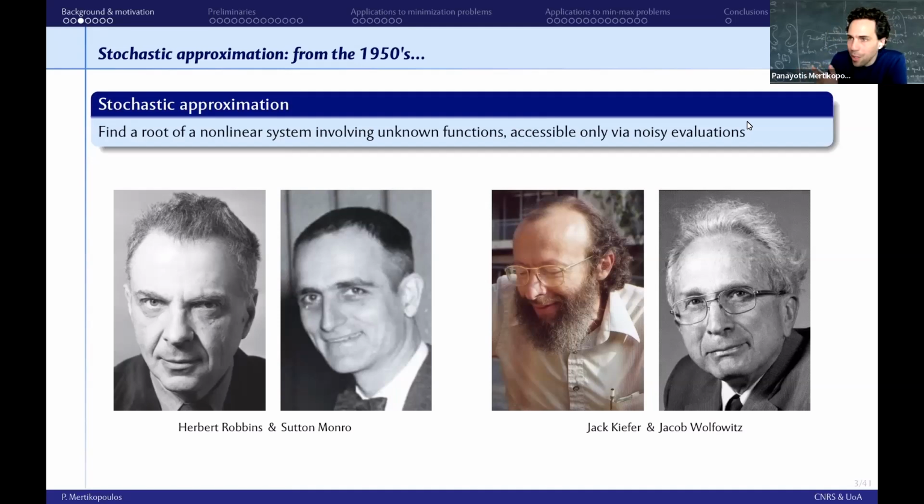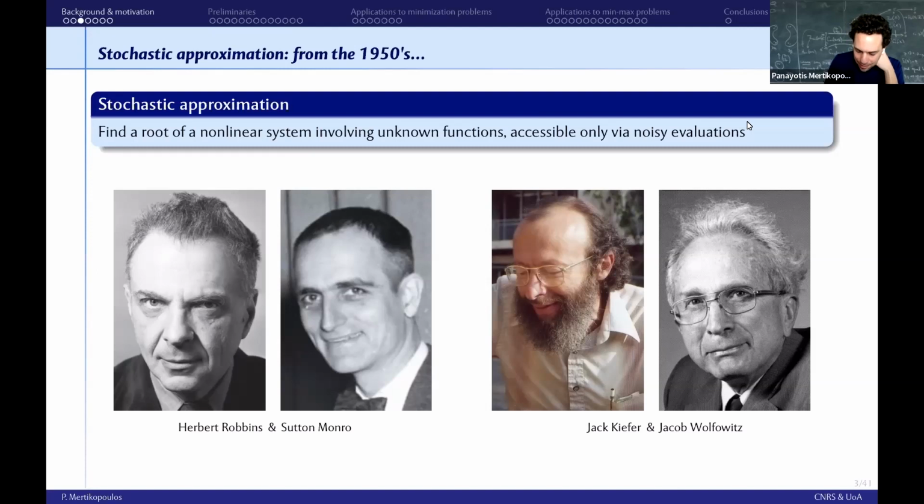It goes all the way back to the theory of stochastic approximation and the Robbins-Monro algorithm, which started back in the 50s as a method for finding roots of nonlinear systems that involve unknown or very complicated functions that can only be accessed by noisy evaluations.